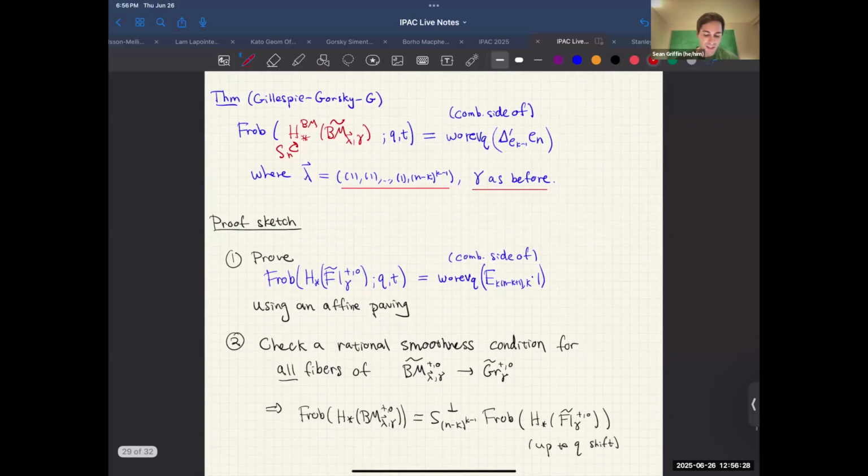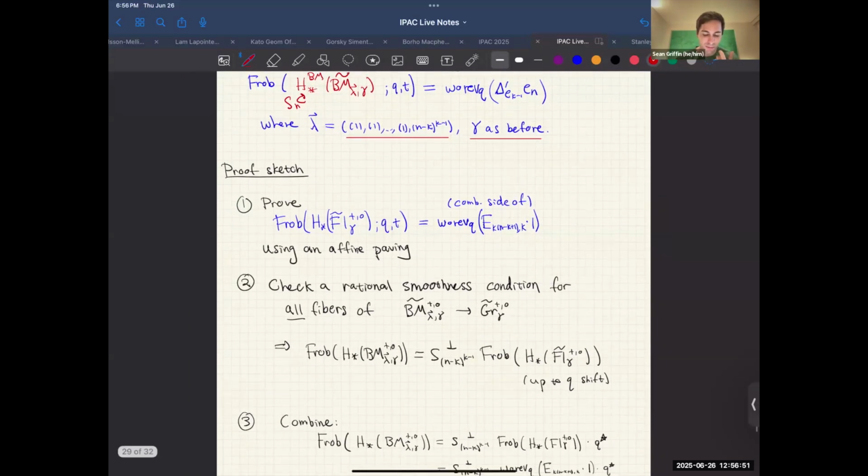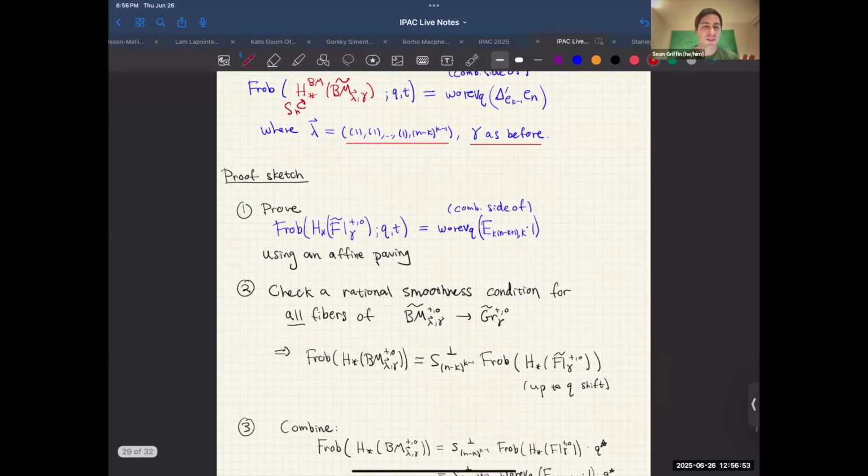And the proof of this fact is almost the same as before, except we have to be a little bit more careful about the skewing identity, and we have to check more rational smoothness conditions. So first of all, we prove the first theorem just using an affine paving, computing cell dimensions.